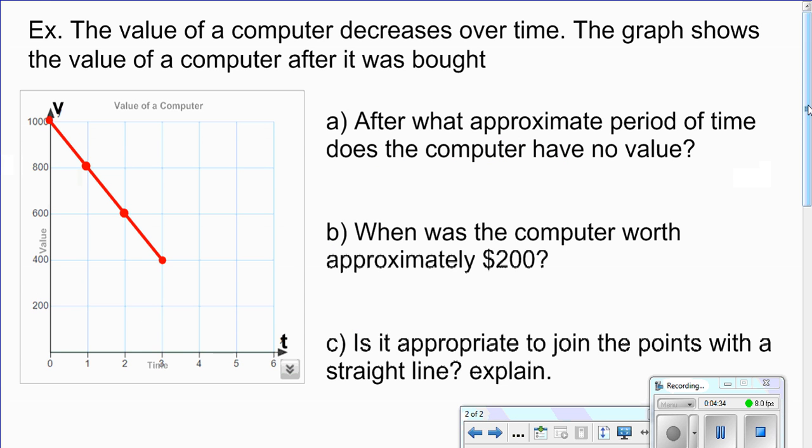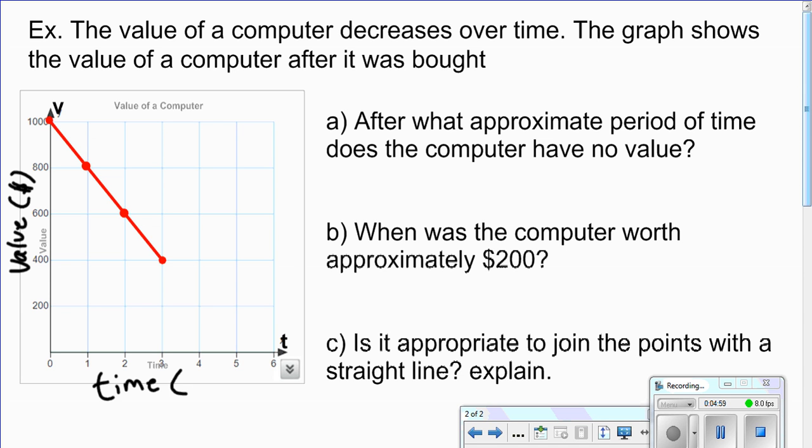Okay. So again, on yours, I can't say that this printed out the clearest, so I don't know if you can see the values super well. But here we have a graph talking about the value of a computer decreasing over time. Okay, so we've got the value in dollars, and we've got time.